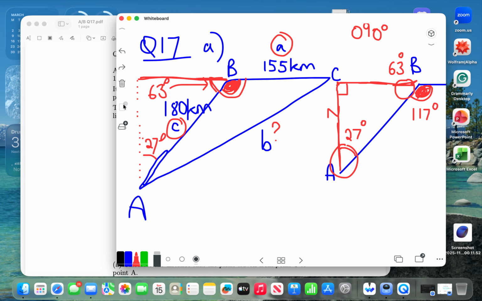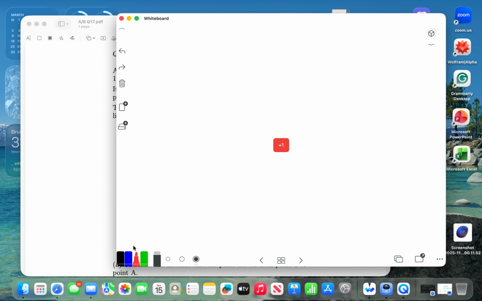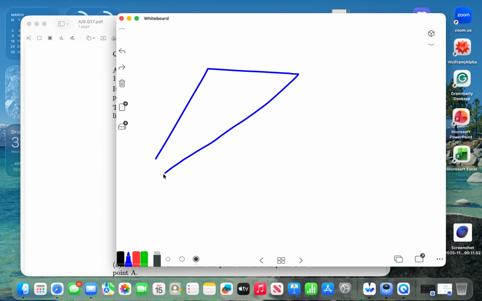We then have that information, so we can draw this out again. It's not perfectly straight, but it doesn't have to be, it's just a sketch.